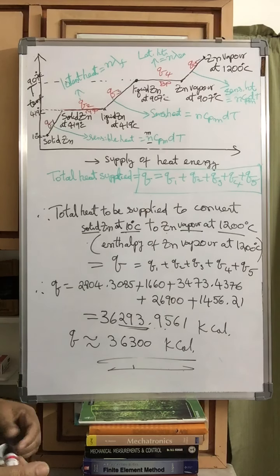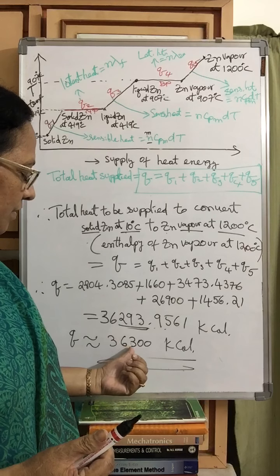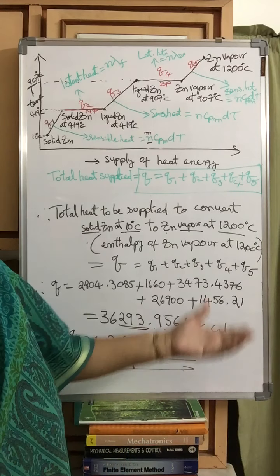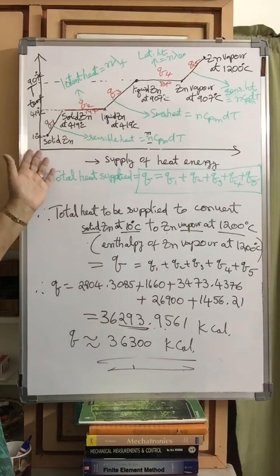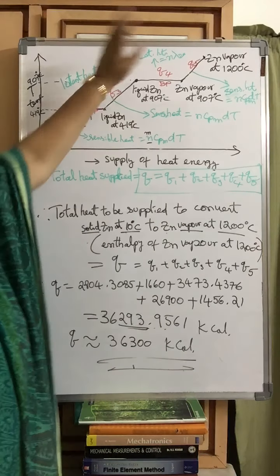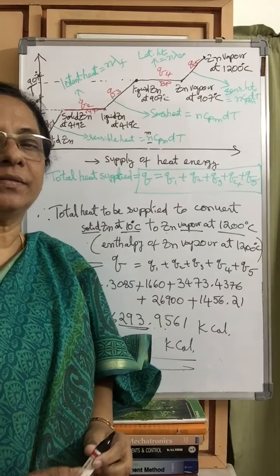So this much, 36,300 kilocalories of heat energy, is to be supplied to convert solid zinc at 10 degrees to zinc vapor at 1200 degrees centigrade. Thank you.